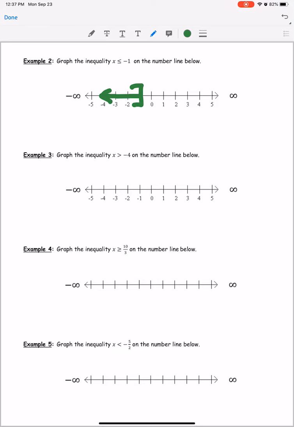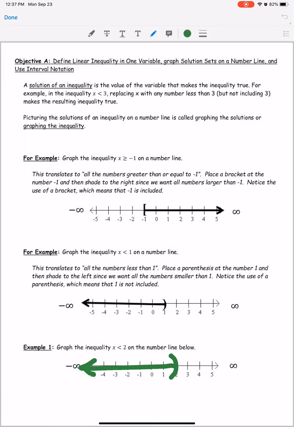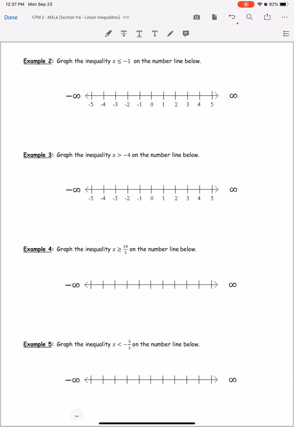So it doesn't matter where that arrow is, as long as you have an arrow at the end of that, right? Same thing here. I went all the way to the end. You can go all the way to the end if you want, but you've got to make sure you have an arrow showing that that's going to keep going forever in that direction. Okay, so just keep that in mind.